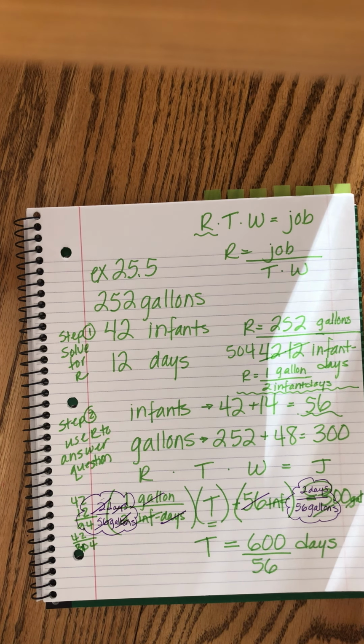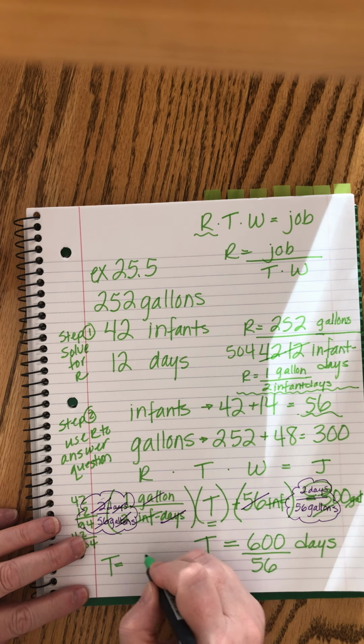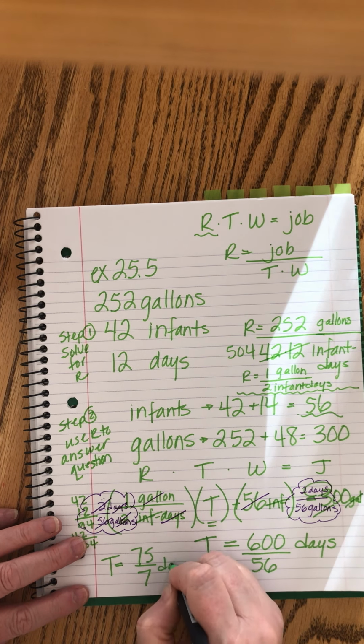That reduces because 8 goes into both of these numbers. And so our final answer is t equals 75 over 7 days.